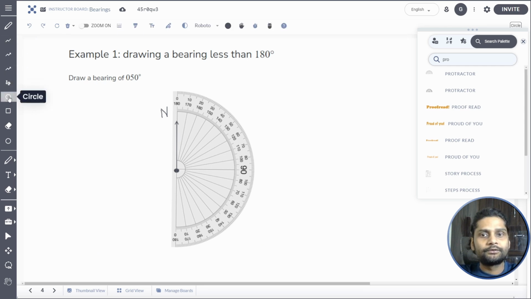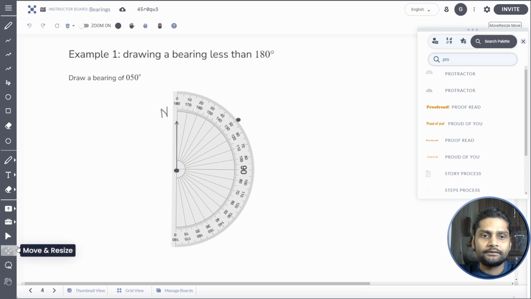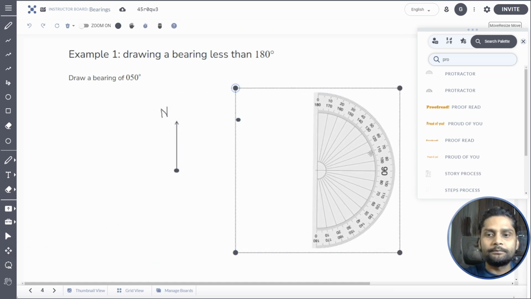So we can simply measure from this 0 degree to 50 degrees: 0, 10, 20, 30, 40, 50, and somewhere here we can mark my point for the 50 degree angle. So I can just draw a point right here, and now from here we can simply draw a line, and that's how the diagram will be complete.